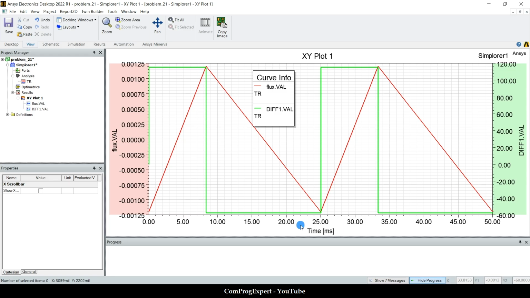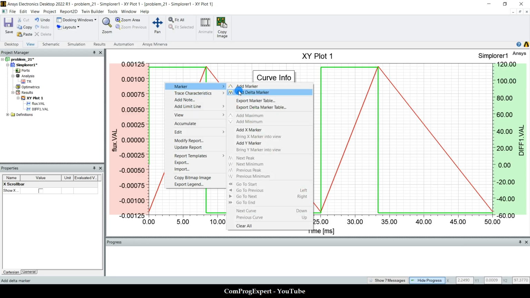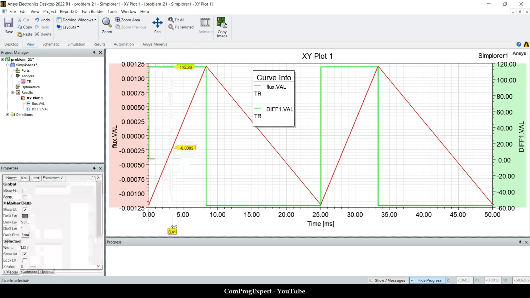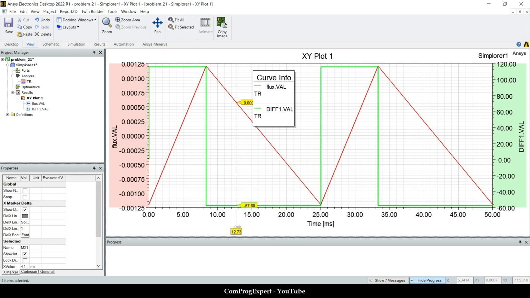Much better visualization. Now if I add this X marker, the value of the EMF is 115 here, and let's move it here. The value of the induced voltage is negative 57 volts.